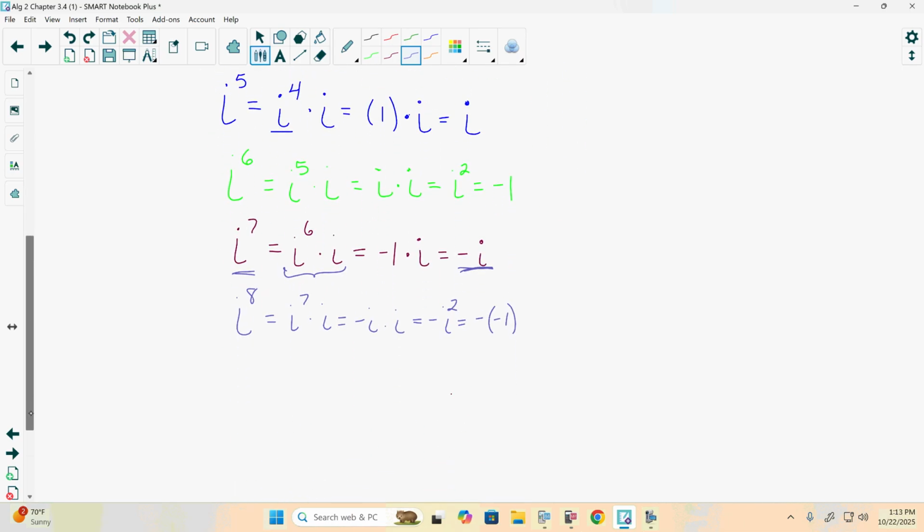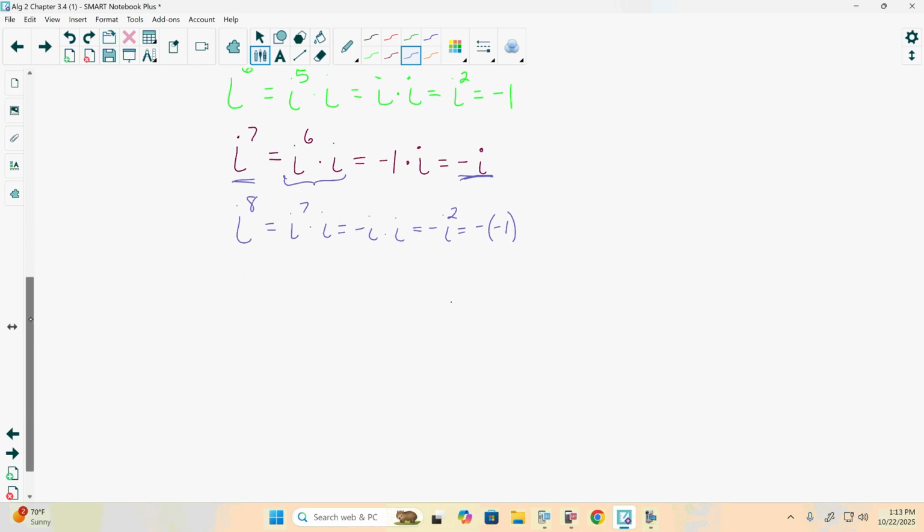So the 5th power, we're just multiplying it again, and we get to i. i to the 6th, we do a similar method, get to negative 1. i to the 7th ends up getting us negative i. i to the 8th ends up getting us to 1. Now the question is, can you tell me, or take a guess at what i to the 9th is?